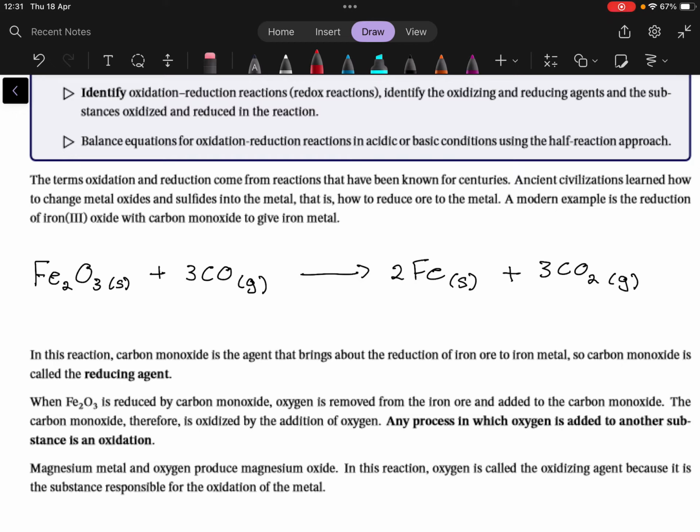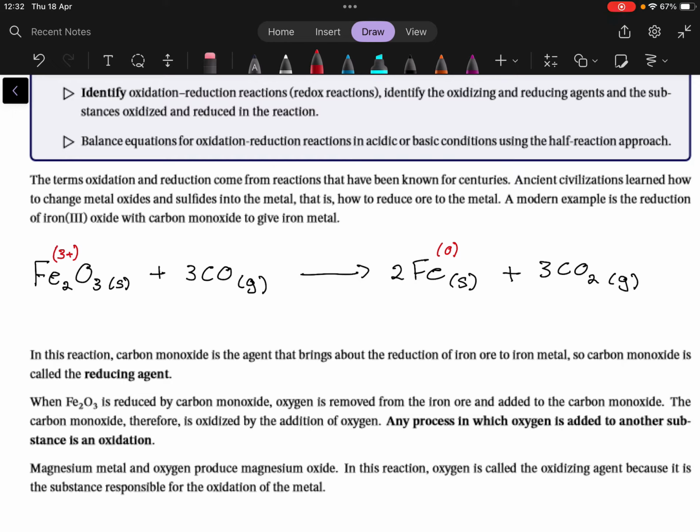And the easiest way to check that is to see if the iron undergoes a change in its oxidation number. So the oxidation number of iron here is of course 3+, and the oxidation number of iron here is 0. So yes, indeed, there is something that happens.